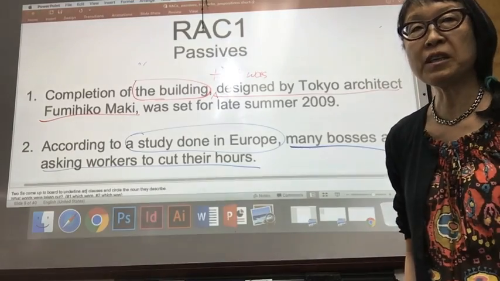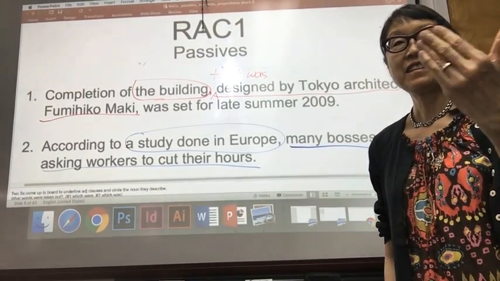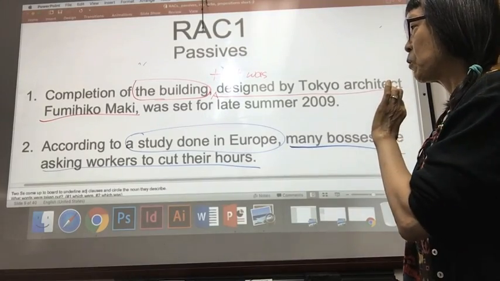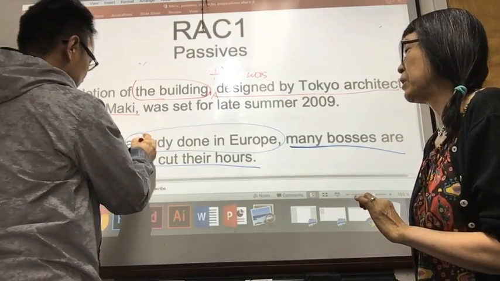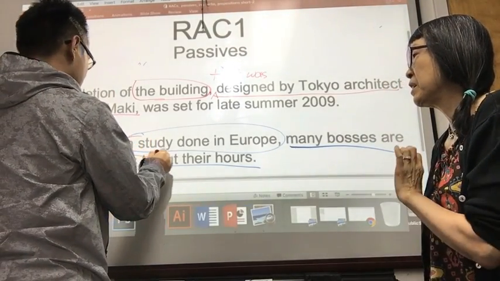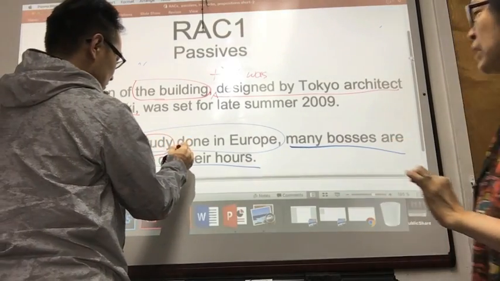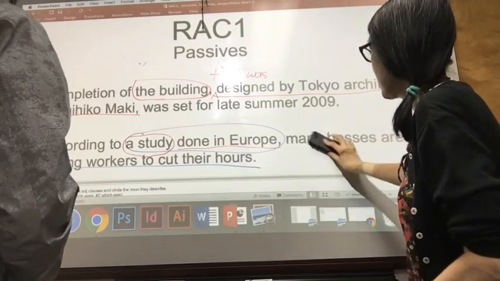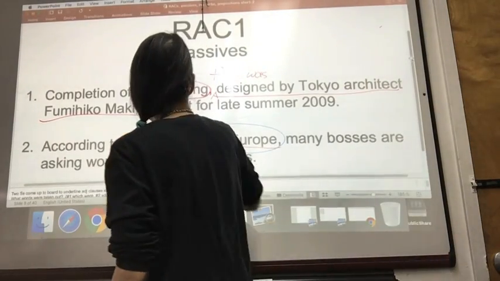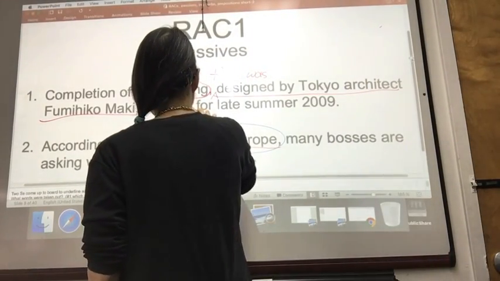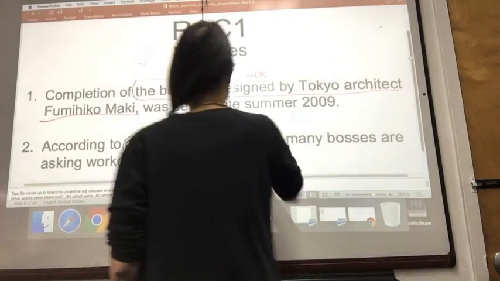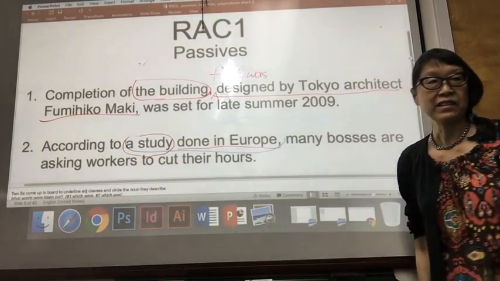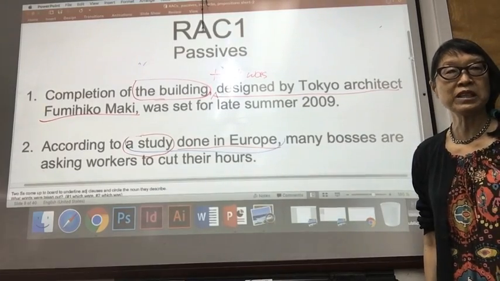Do you want to come up and underline the reduced adjective clause and then circle the noun that it describes? Okay. All right, there. Okay, does that make sense to everyone?